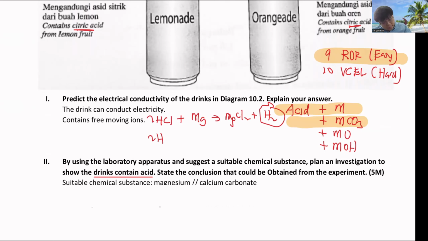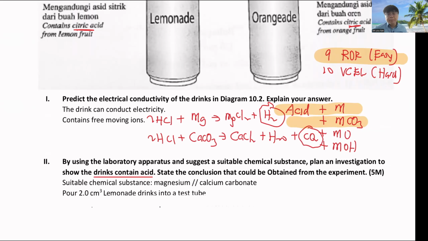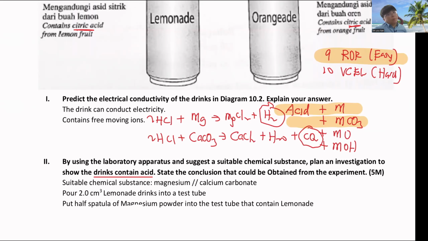Then let's say instead of putting this one, you can put calcium carbonate. So for calcium carbonate, you'll come up with calcium chloride and water. The main thing is carbon dioxide gas came out. For carbon dioxide gas, you just take lime water, it turns cloudy. But it might come out in the real exam that they will ask you Pepsi and Coca-Cola, which one is more acidic?